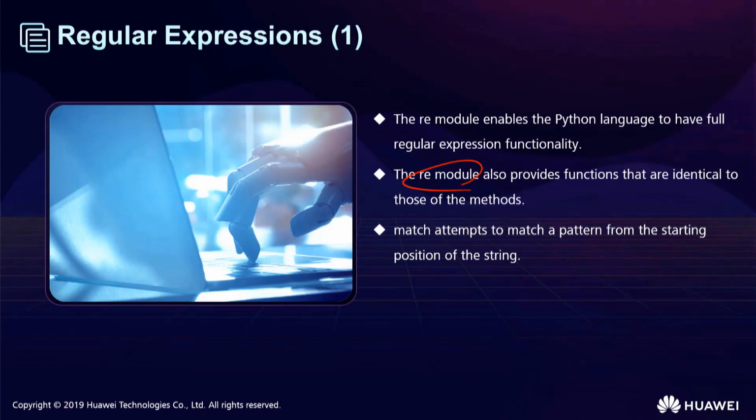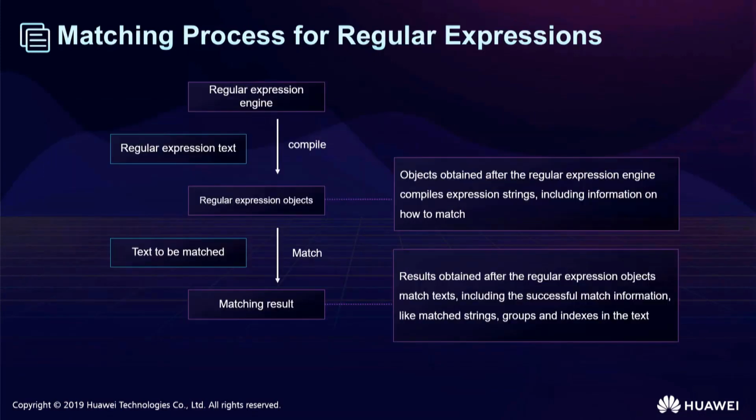Match attempts to match a pattern from the starting position of the string. If the start position matching does not succeed, the match function returns None. Search scans the entire string and returns the first successful match. The approximate matching process for regular expressions is similar to that.